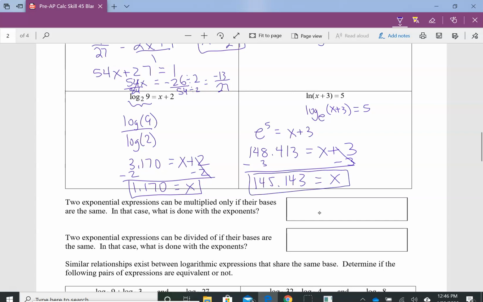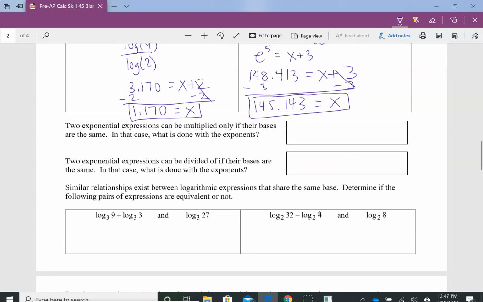Okay, so some of these equations you can write in exponential form. Some you'll use your change of base formula to help you figure out the value that you need. So two exponential expressions can be multiplied only if their bases are the same. Okay, and in that case, what do we do with the exponents?